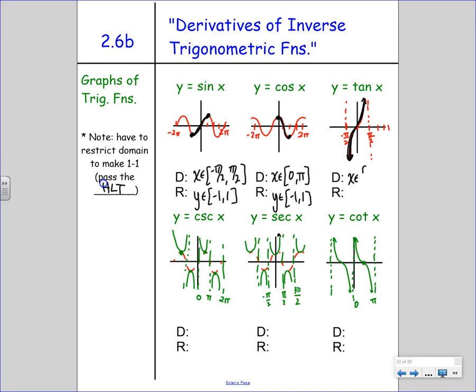Tangent also goes between negative pi over 2 and pi over 2, but there are asymptotes there, so we have to do open intervals. But its range is all real numbers. It goes forever low to forever high in that restricted region. Technically, tangent would keep going if we needed it to, but we don't choose any more because it would fail the horizontal line test.